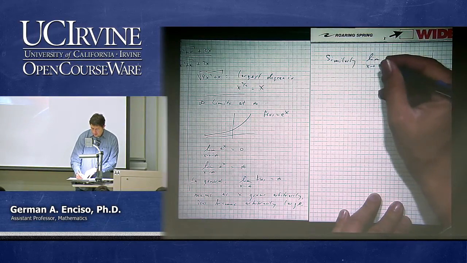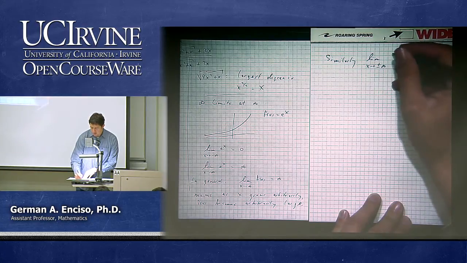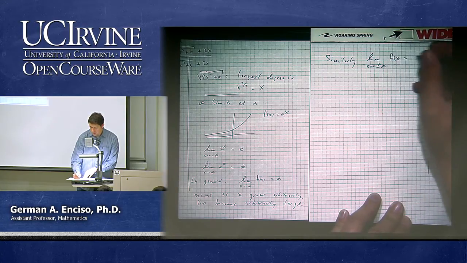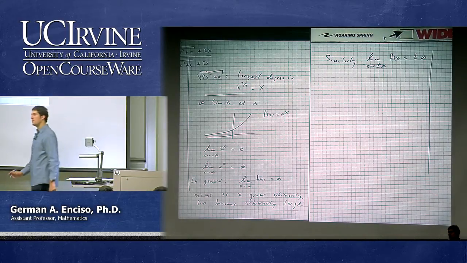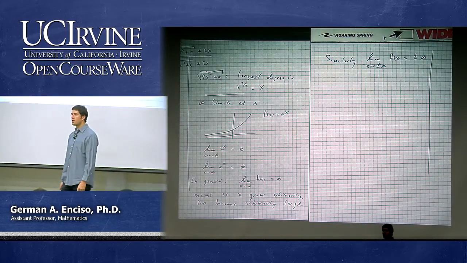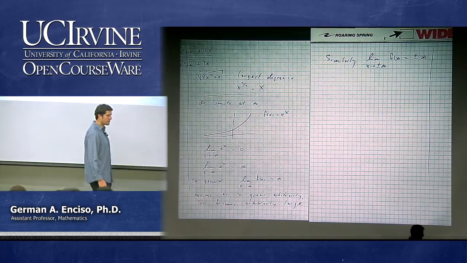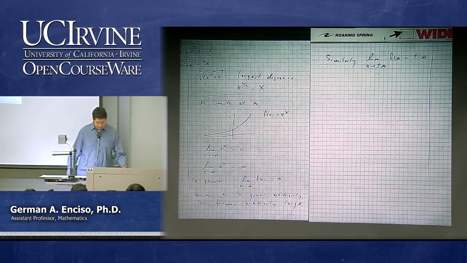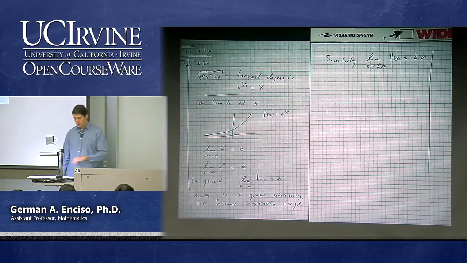So x can go to plus or minus infinity, and the limit could be plus or minus infinity. So there's 4 different statements there. You should know what each of them means. And it's basically the same thing. Okay, questions?